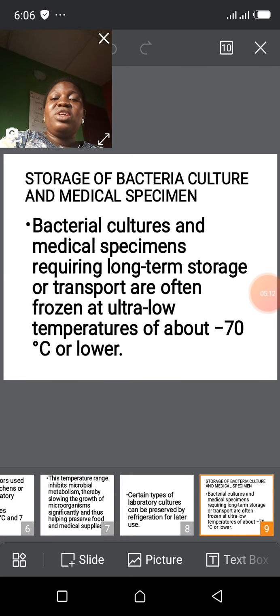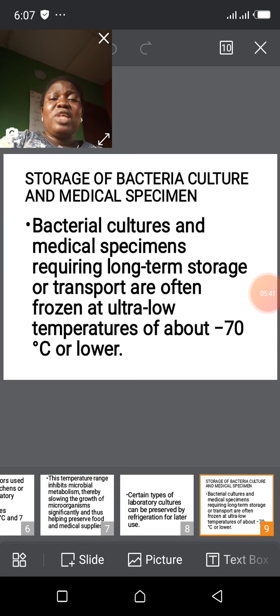Now let's look at storage of bacterial cultures and medical specimens that require long-term storage. Bacterial cultures and some medical specimens requiring long-term storage are often frozen at an ultra-low temperature of about -70 degrees Celsius or even lower. What do we mean? You are carrying out an experiment on a particular species of organism or some specimen in the laboratory, and you know that you're not going to complete your experiment in a month.